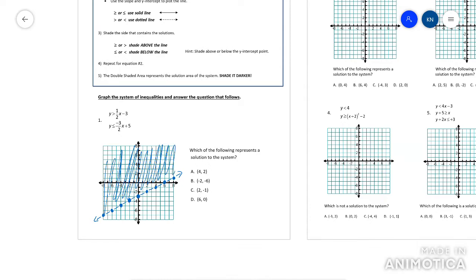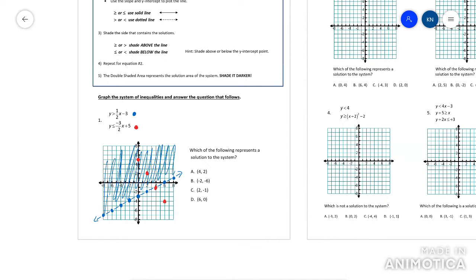All right, now the second line, so this one was blue. The second line is already in mx plus b form as well. So just start at your y-intercept of 5. You're falling 3, running 2. Fall 3, run 2, like this. Now look at your inequality. This one has the or equal to.